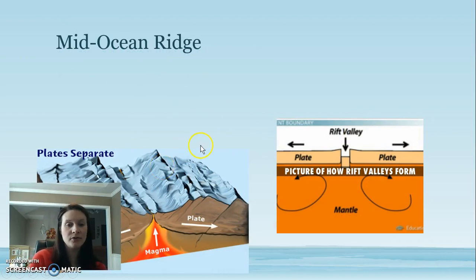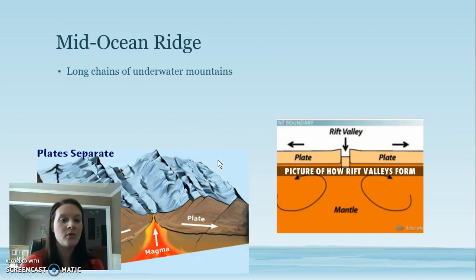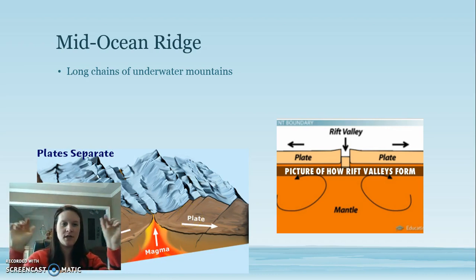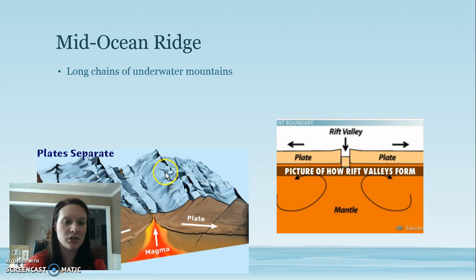Then you have the mid-ocean ridges, which, hopefully you remember, are long chains of underwater mountains that exist where you have that divergent boundary, where the plates are pulling apart, moving away from each other, and magma is coming up. When it's moving away, it folds along the edges and creates these mountain ranges.